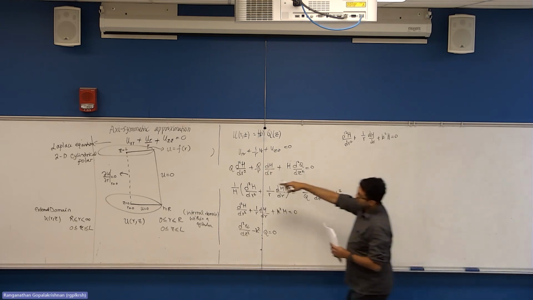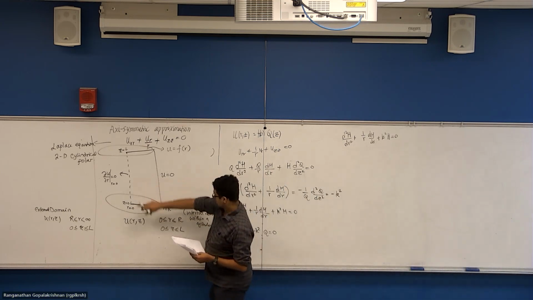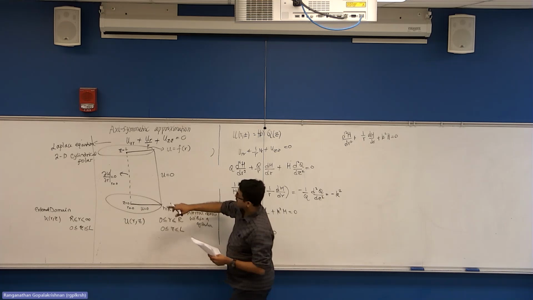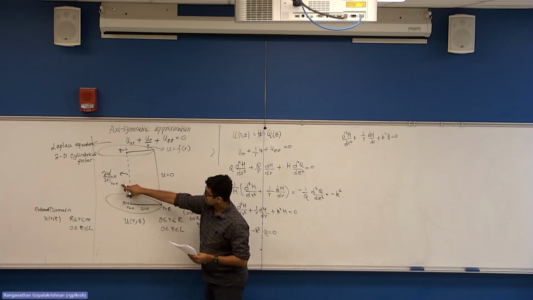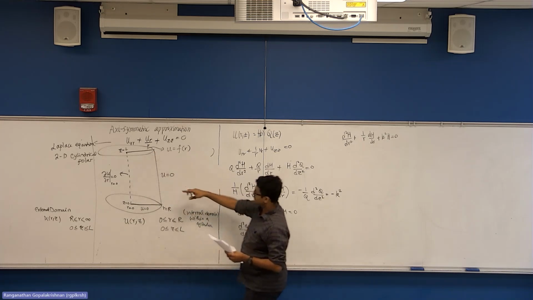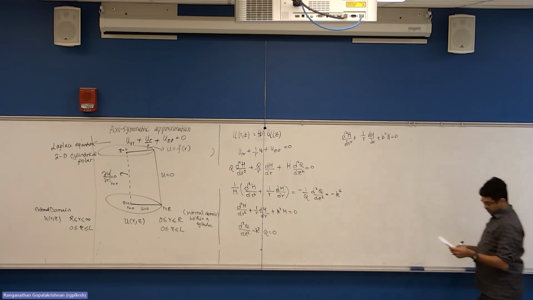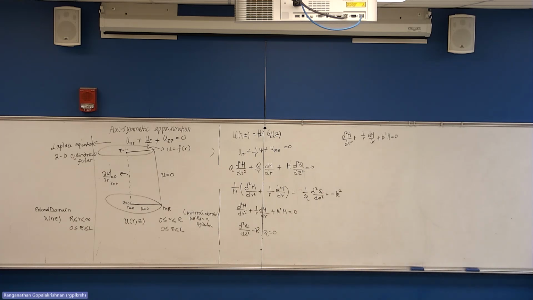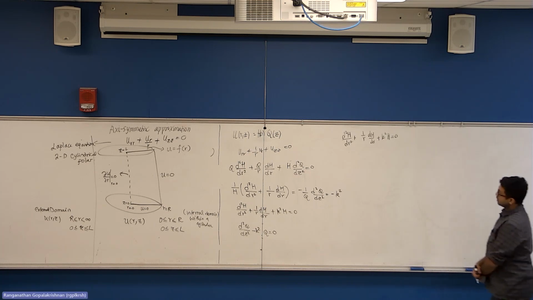So on this surface you have the derivative specified, and on all other surfaces you have the u value specified. So how will you tackle this? It is Bessel's equation.